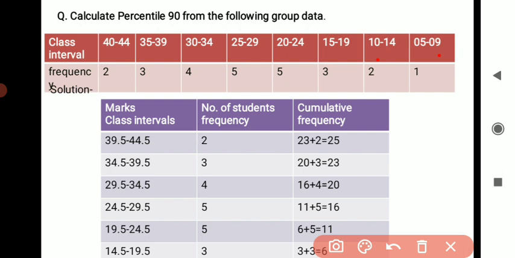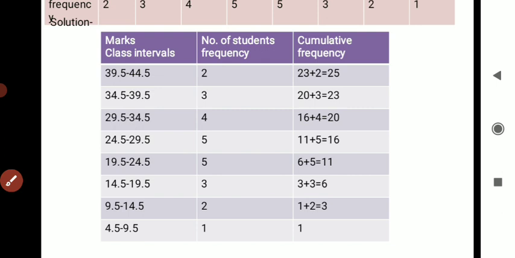As the data is given in descending order, you have to calculate cumulative frequency from the bottom. First I will teach in descending order how to calculate cumulative frequency from the bottom side.